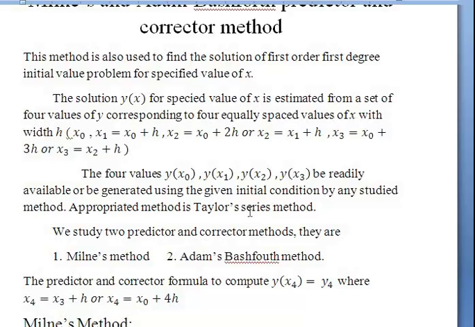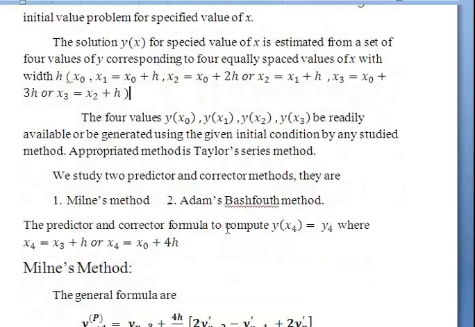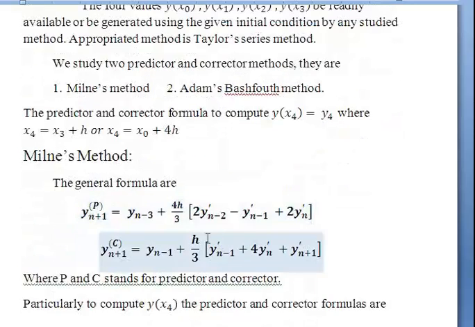In our case they will be given, so we just have to find the solution by Milne's method and Adams-Bashforth method. For these two methods the required calculation is the same, so we can execute both methods together at a time. The general formula for Milne's method is y(n+1) to the power p, where p indicates the predicted value.